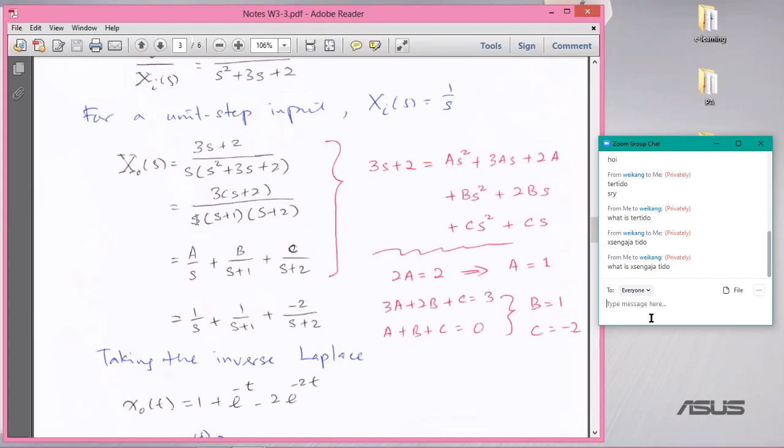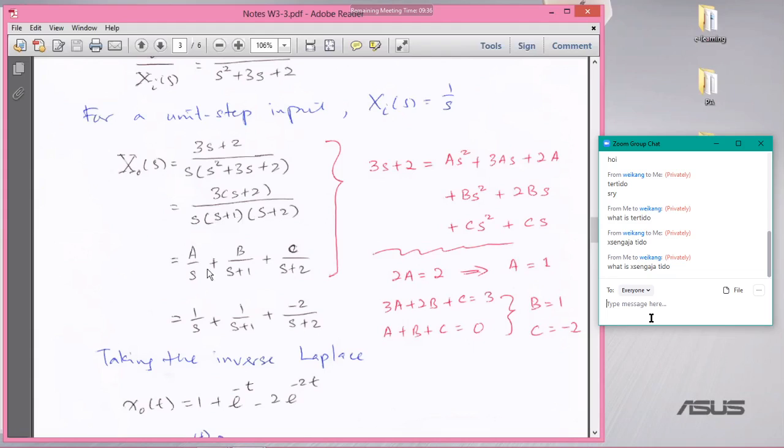Okay, so we are going to decompose this expression into partial fractions. See, when you have 3 terms in the denominator, you're going to have 3 fractions. The factors in the denominator are s, s plus 1, and s plus 2.